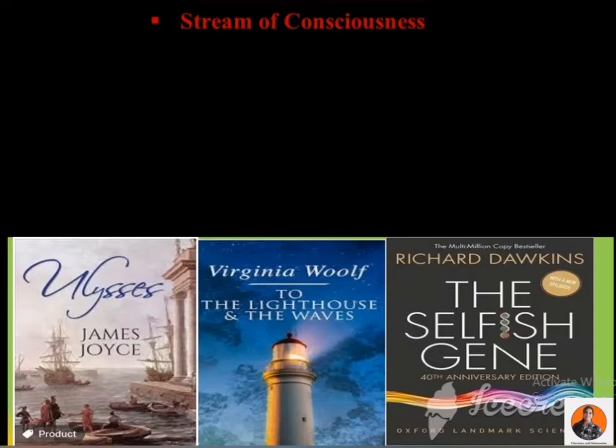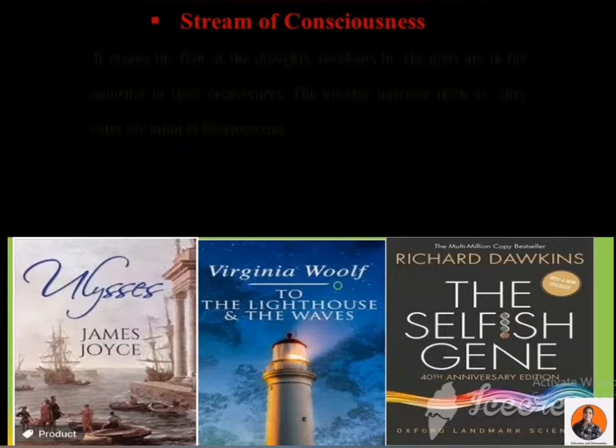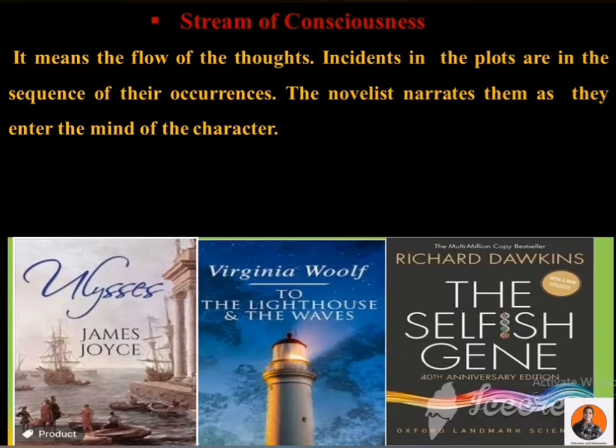The next novel is stream of consciousness. It is a little bit similar to the psychological type of novel also. Stream of consciousness means the flow of thoughts and incidents in the mind. Plots are in sequence of their occurrence. The novelist narrates them as they enter the mind of the character. In this type of novel, whenever the writer is writing, he is depicting the inner mind of the character, what is going on in the character's mind.